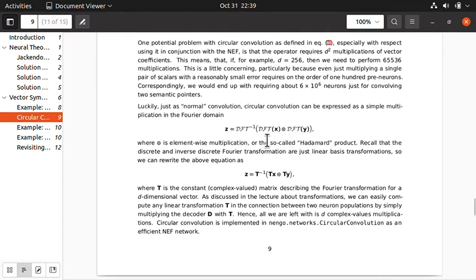Element-wise product, cool. Now I only need an element-wise product among the number of elements in the discrete Fourier transform of each of these components. If X is 512 dimensional, then the result of the discrete Fourier transform is also 512 dimensional. It's not quite that nice and easy, because the discrete Fourier transform gives you complex numbers, so instead of 512 numbers coming out, I've got 1024 numbers coming out.